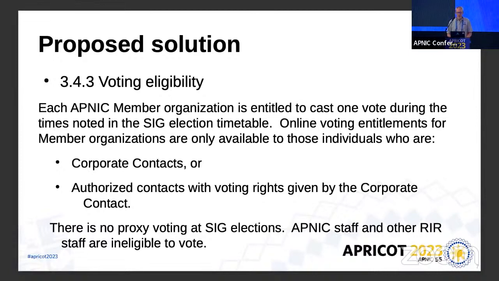In-person attendees at APNIC conferences are also eligible to vote in SIG elections. A conference attendee must meet the following criteria to vote: registered and attending the current conference in person. The attendee must be checked in at the registration desk at any time from the start of the conference until 10 a.m. local time on the final day of the conference.